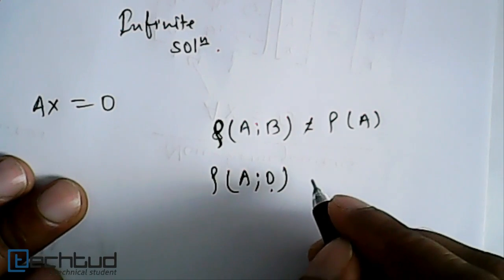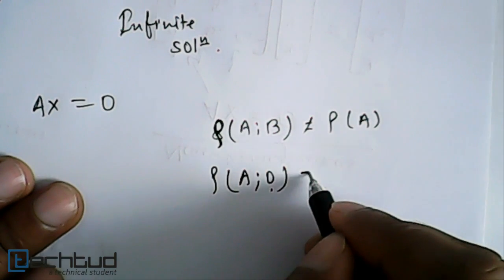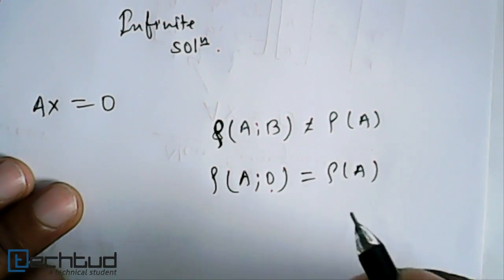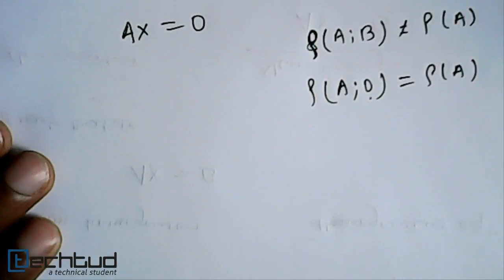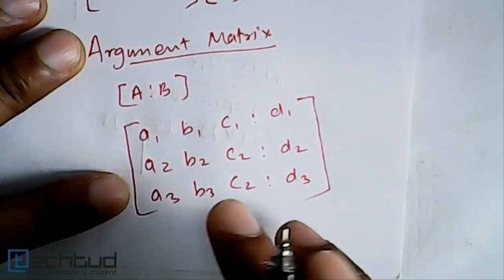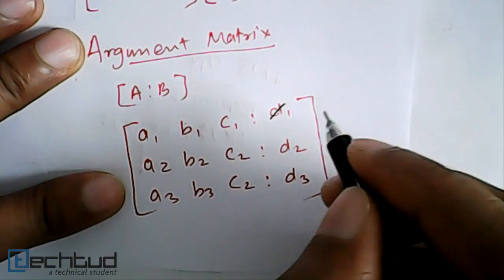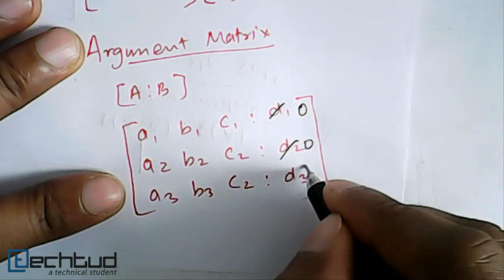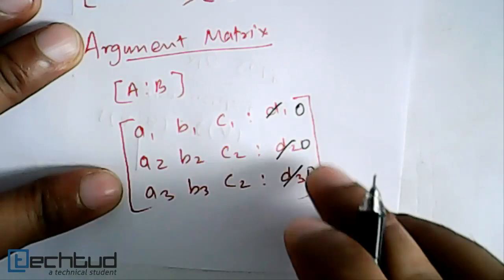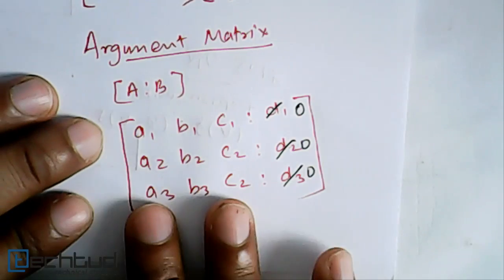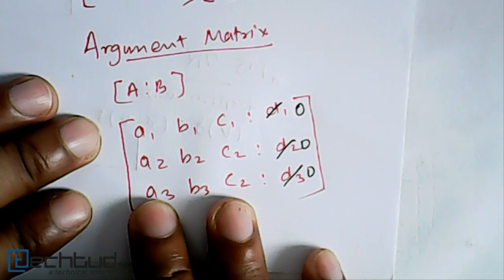Now there it will always be equal to the rank of A, because in the equation here, this column is always equal to 0. If this column itself is 0, then the rank will depend only on the coefficient matrix, right?